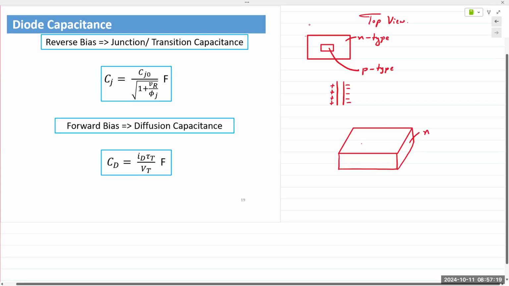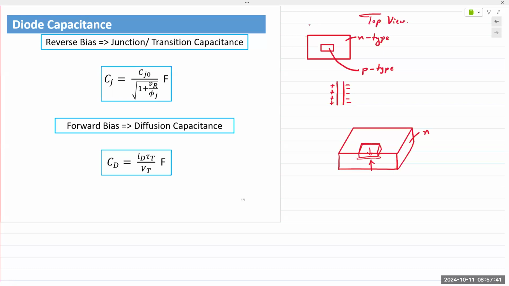And let me do a cross section right here. So this is my P-type that is embedded inside. And right here is my junction. Coming from the top, coming from the bottom. The depletion region, the width of the depletion region is basically the distance between the two plates.